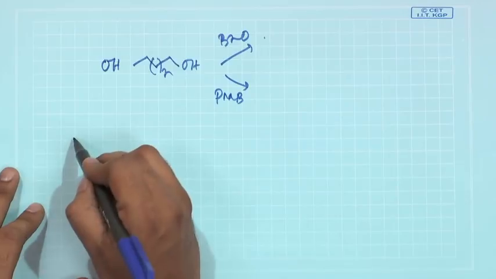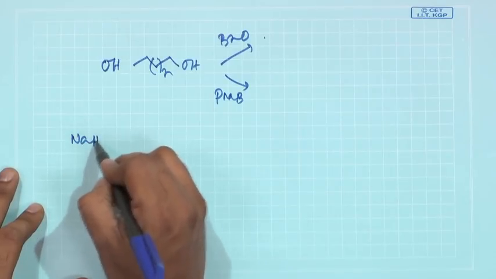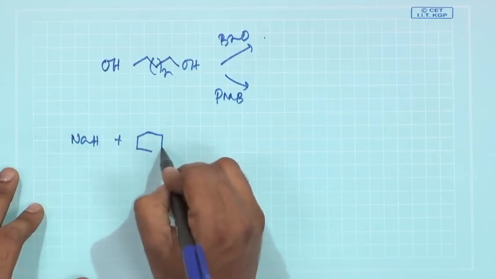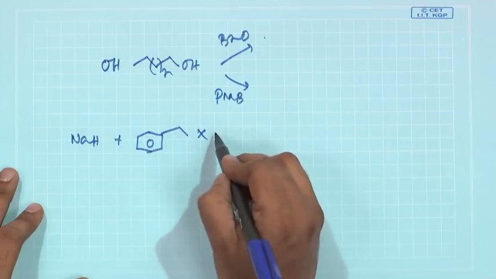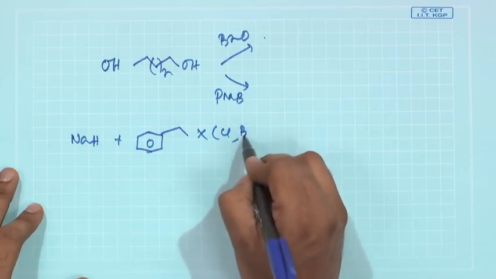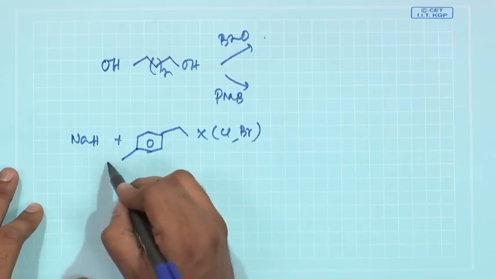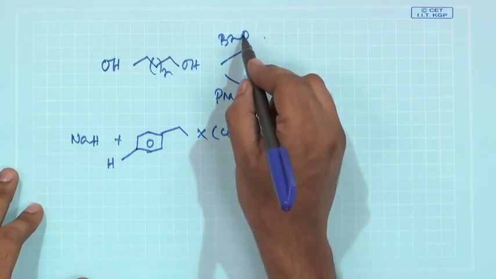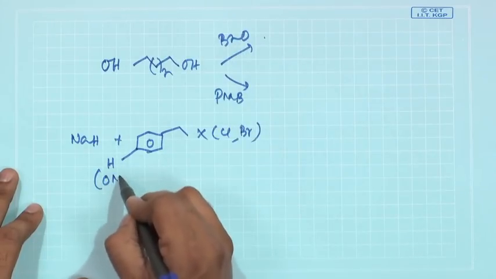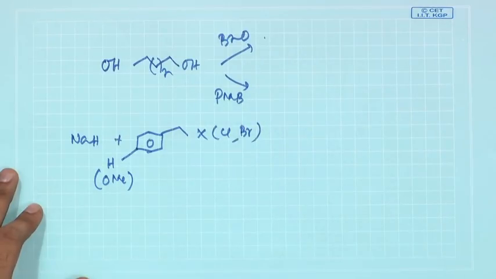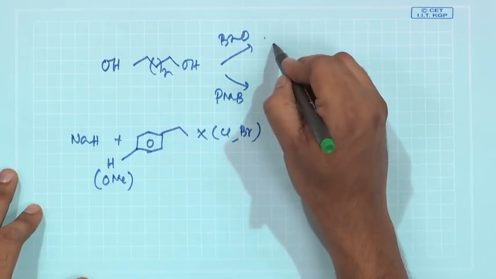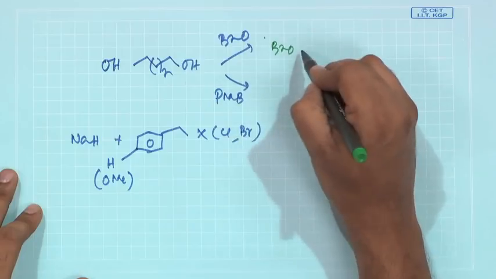Normally, this protection is done by treating the corresponding alcohol with benzyl chloride or benzyl bromide. If you have a hydrogen here, that gives you the OBn derivative. If you have a methoxy, that gives you the PMB derivative. So, in reality you will get BnO and OPMB.